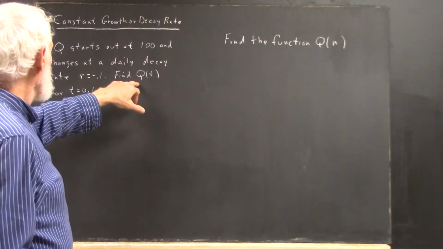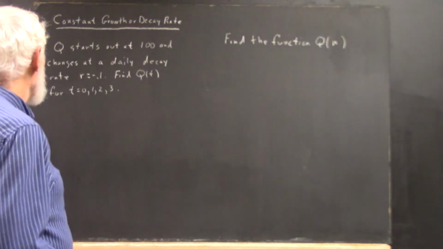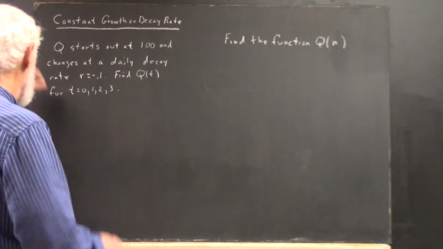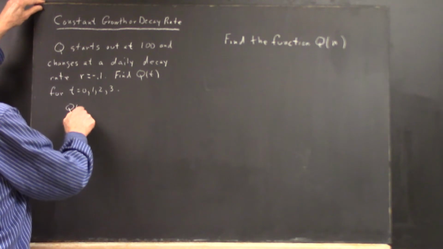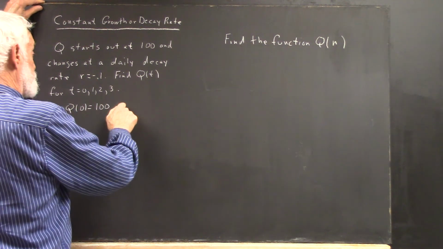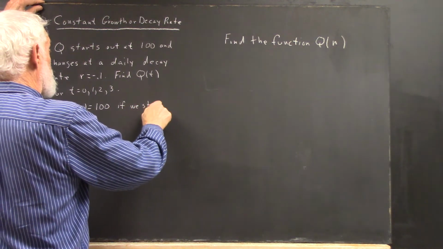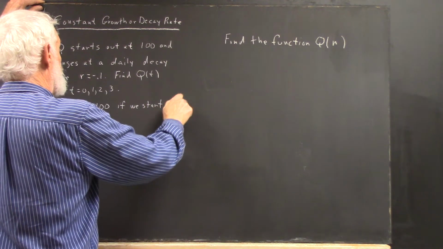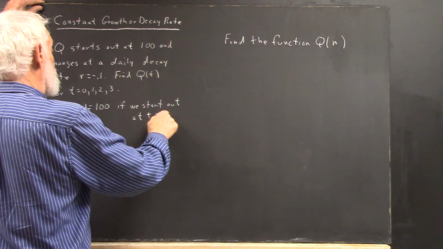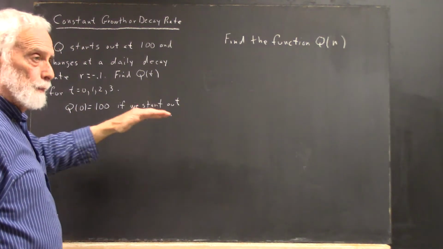So we're going to find Q of t for t equals 0, 1, 2, and 3. Presumably t equals 0 is where you start out. So Q of 0 is 100, assuming we start out at t equals 0. That's usually an implicit assumption, but it could be stated otherwise.